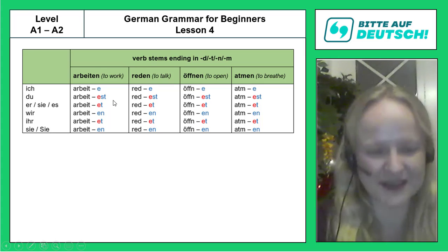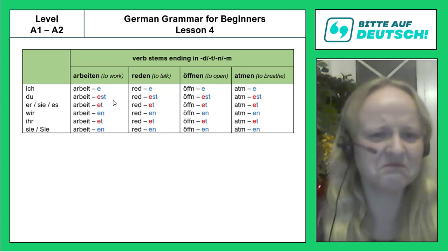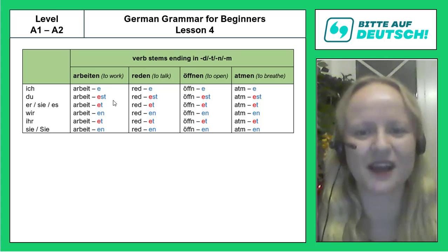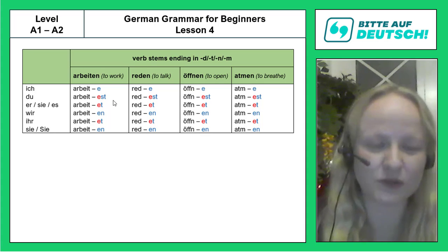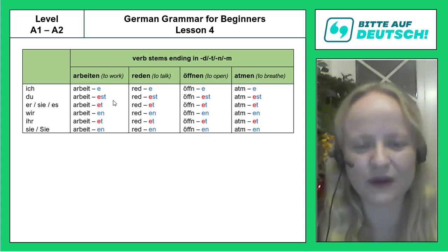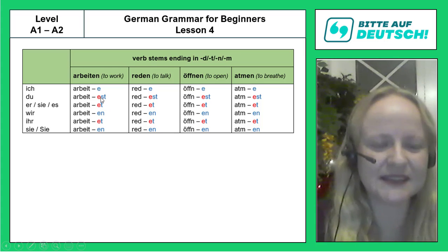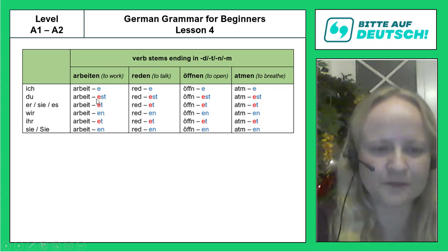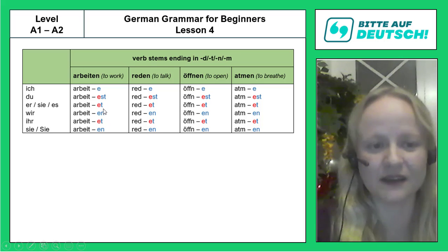So even for German standards of pronunciation, it sounds uncomfortable to say du arbeitst. I know German pronunciation does often sound uncomfortable still, but we perceive it as unfortunate to pronounce TST in a row without filling another vowel in. That is why we will insert this E sound here whenever we want to move from a D, T, N, or M straight to a consonant in the conjugation ending.